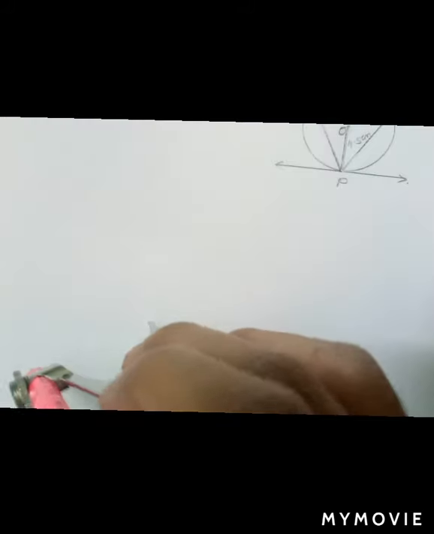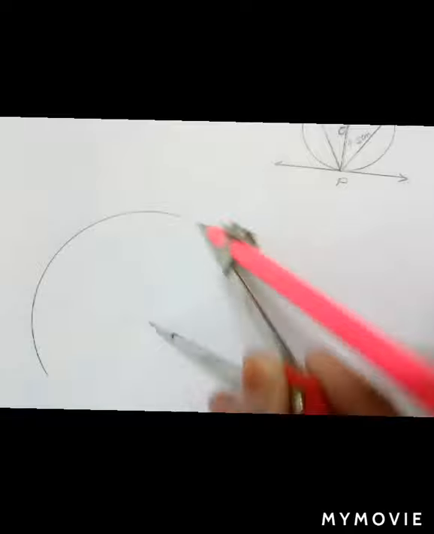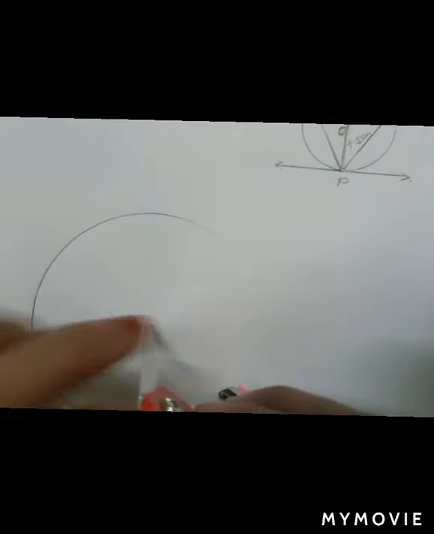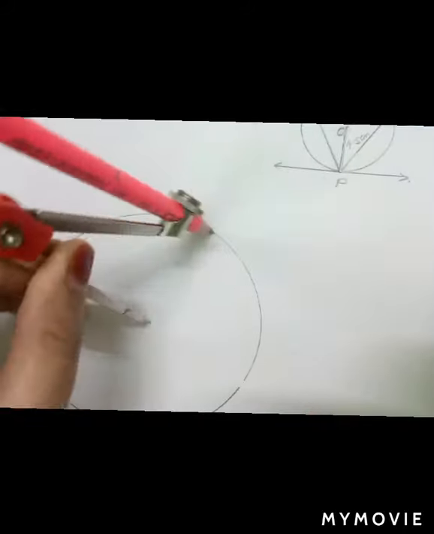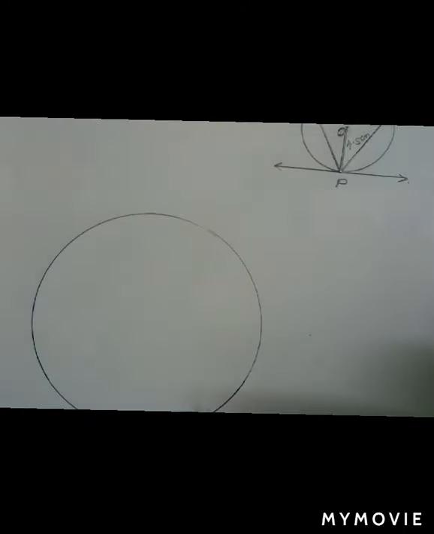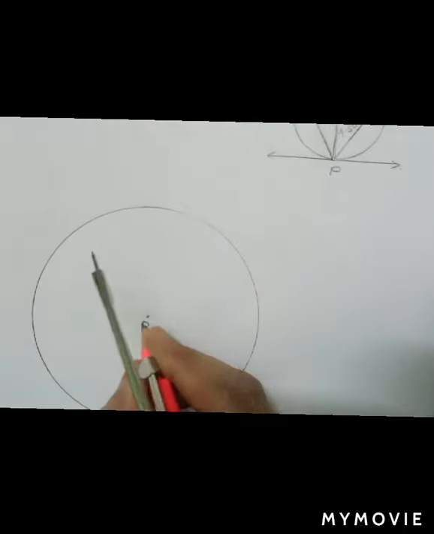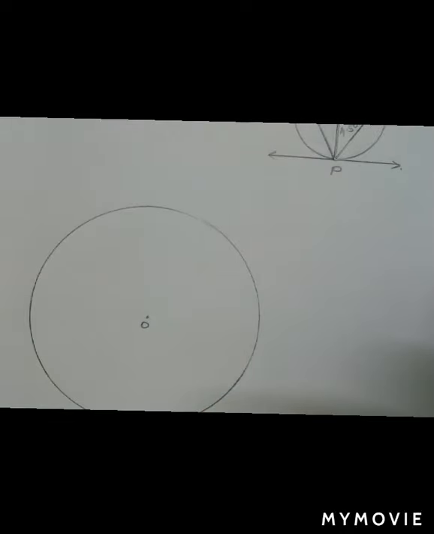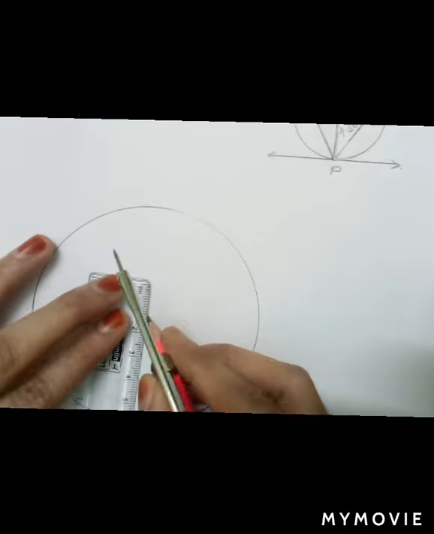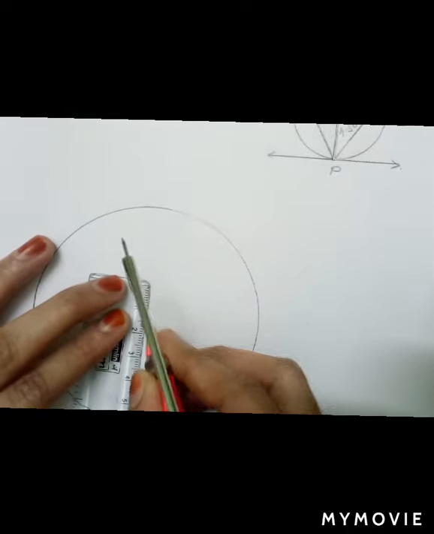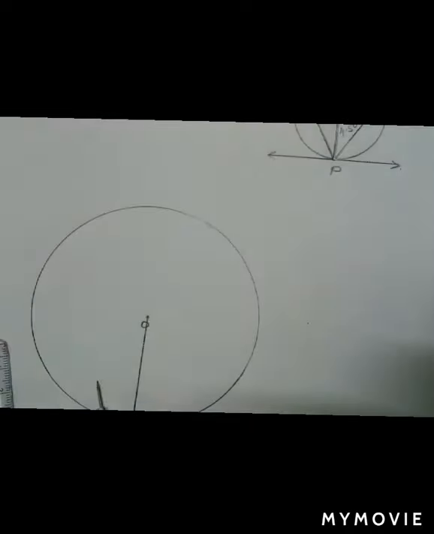With O as center, draw a circle of radius 4.5 centimeter, and take a point P on the circle.